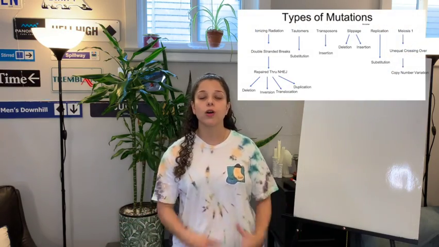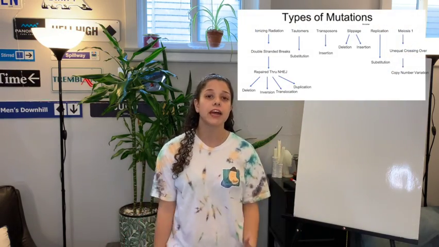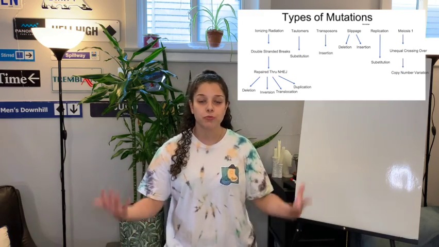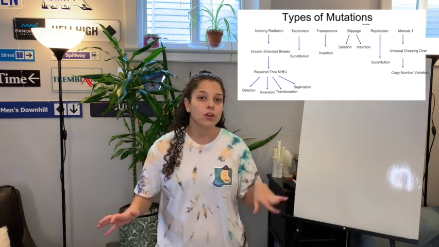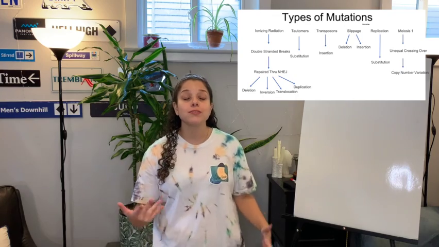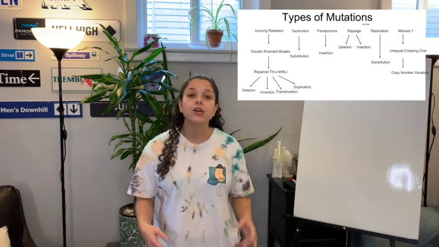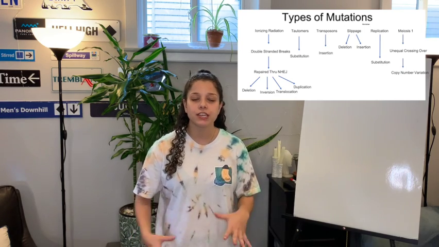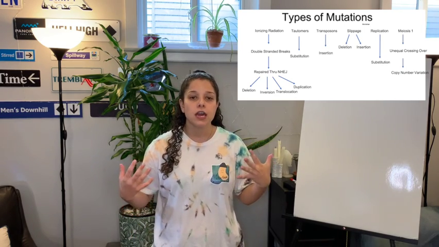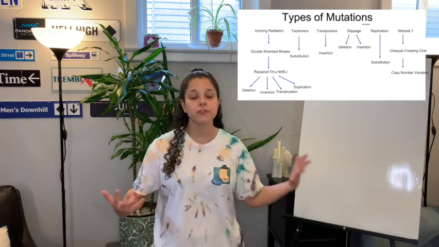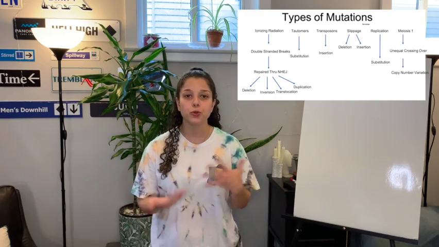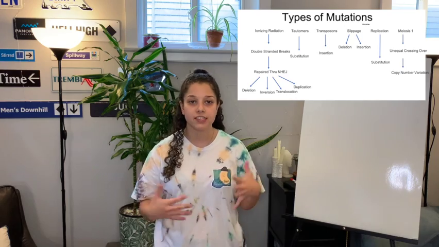So I've kind of thrown all of those summary slides together into one summary graphic here. You might be confused why you don't see single nucleotide polymorphisms on this list.